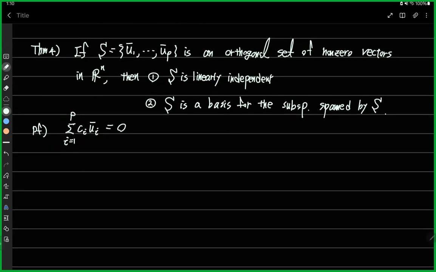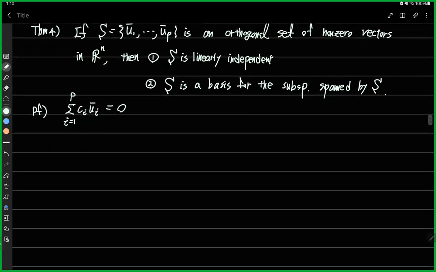Then we start from this. We multiply sigma of ci ui, i from 1 through p, by the vector u1. We just multiply the vector u1 on both sides of that equation. The right side is 0 times u1, and u1 times 0 is what? 0, isn't it?